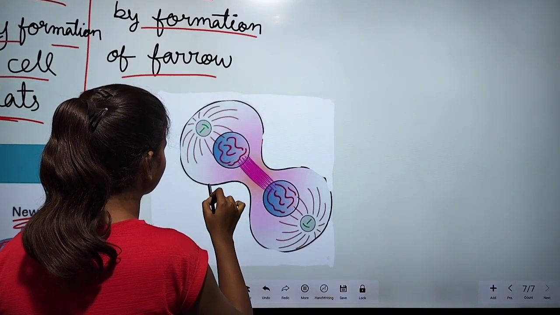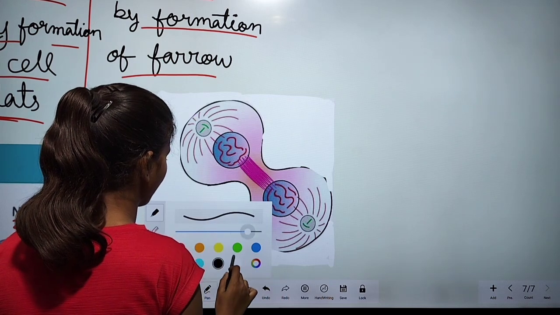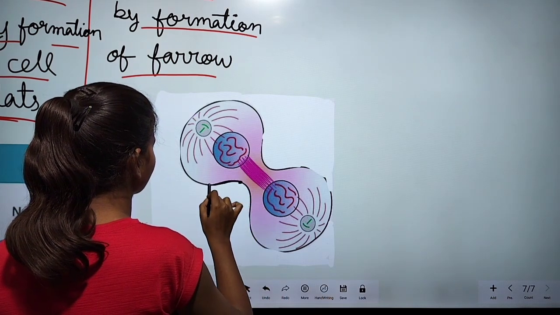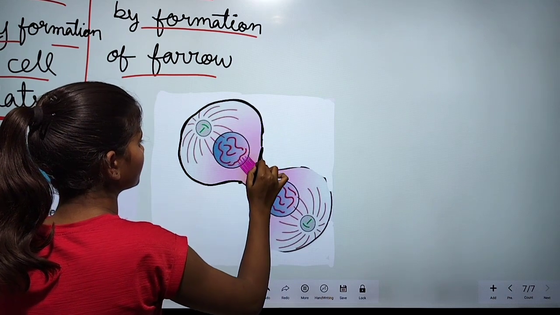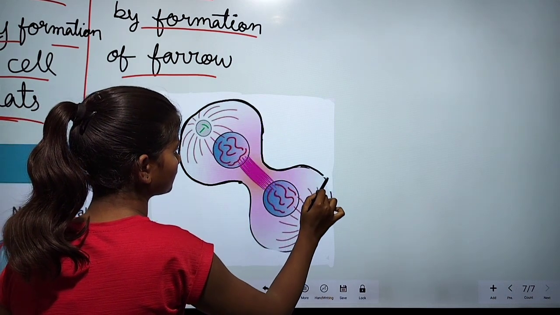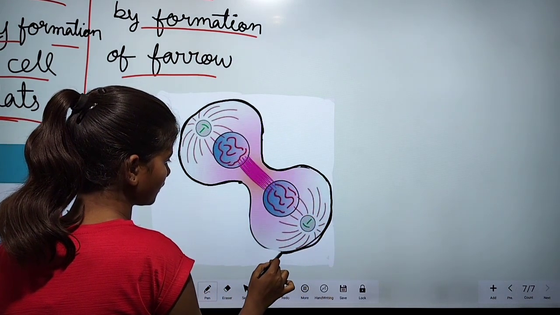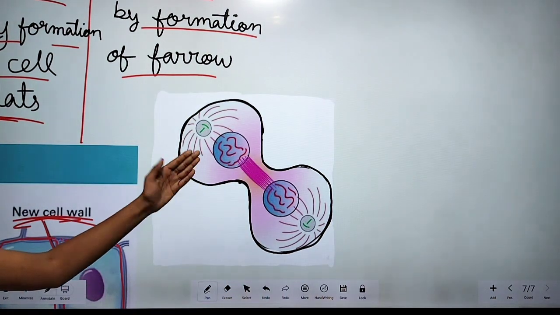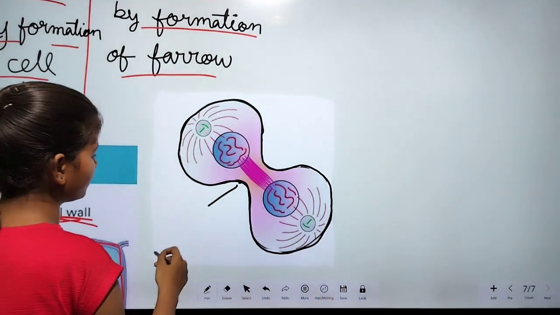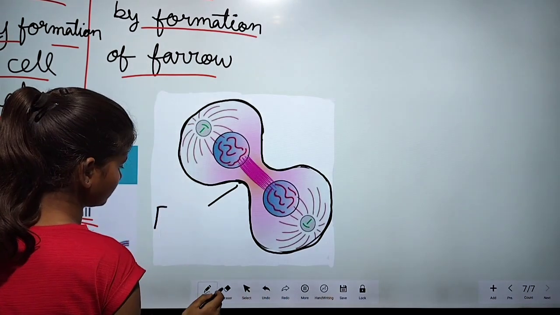So this is the process of furrow formation.